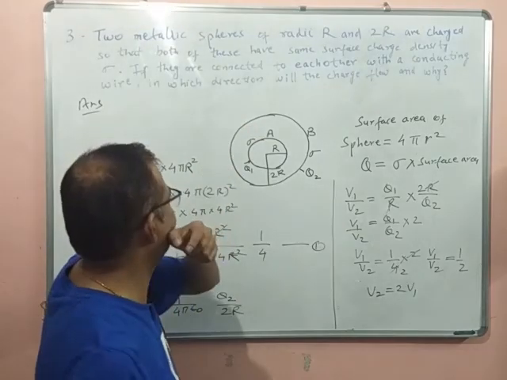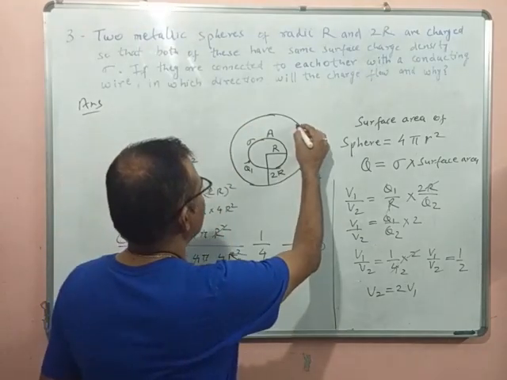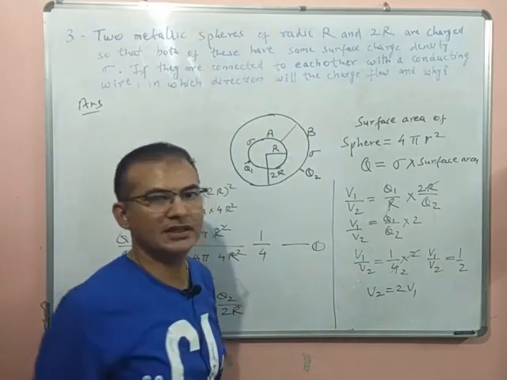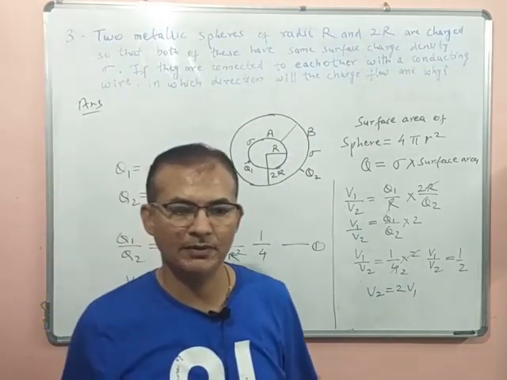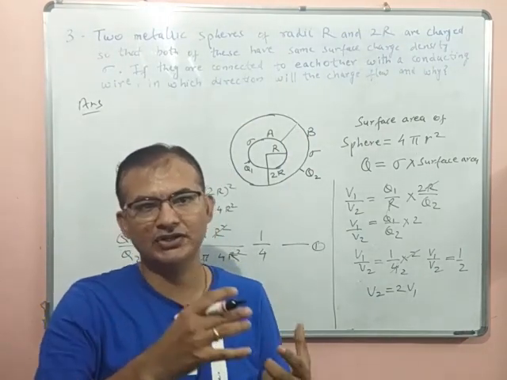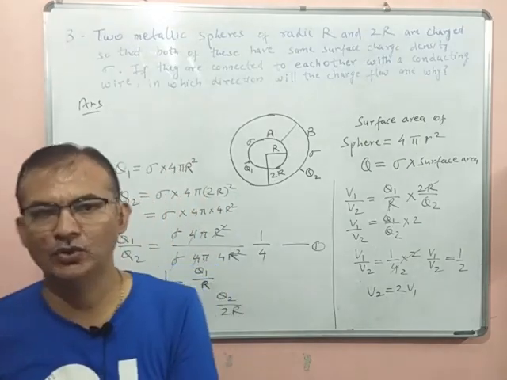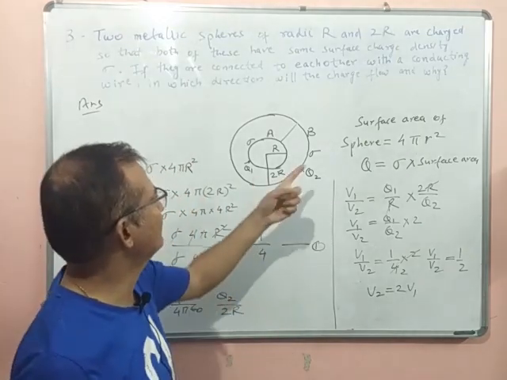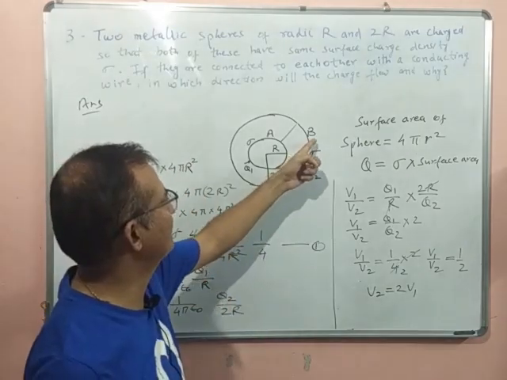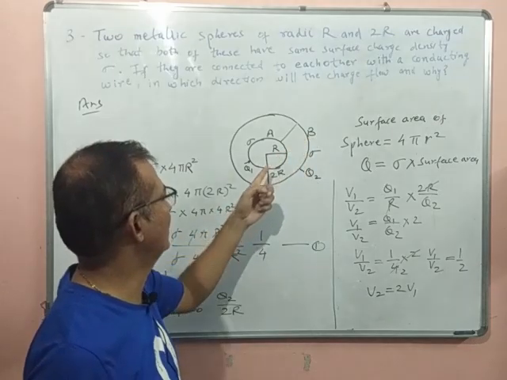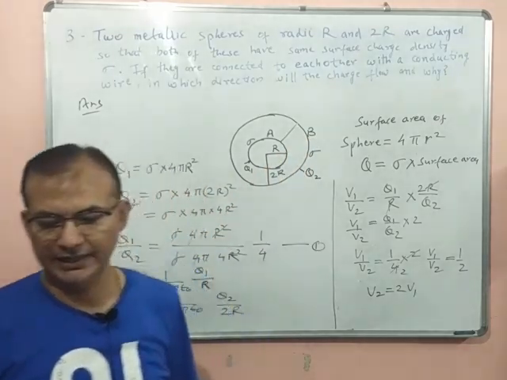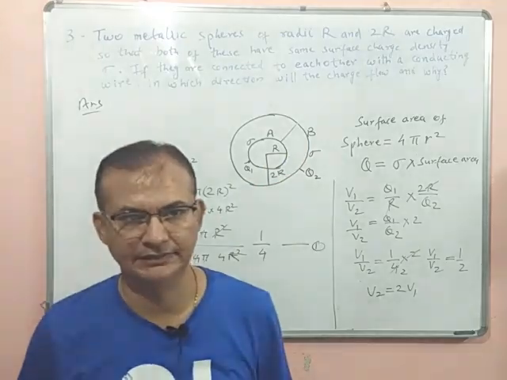So if we connect this with a conducting wire, the charge will flow from the body at a higher potential to the body at lower potential. So the charge will flow from the bigger sphere B to the smaller sphere A, and this is the answer.